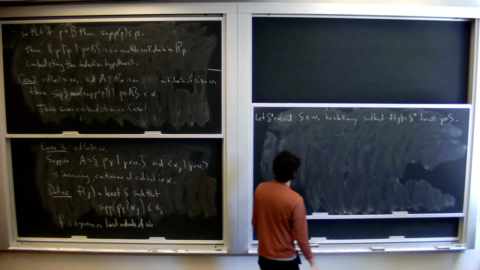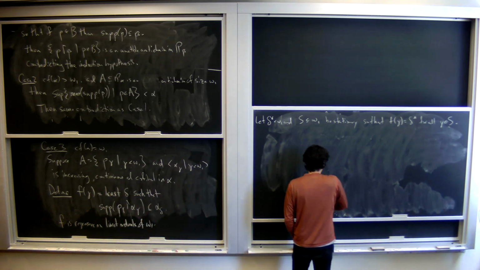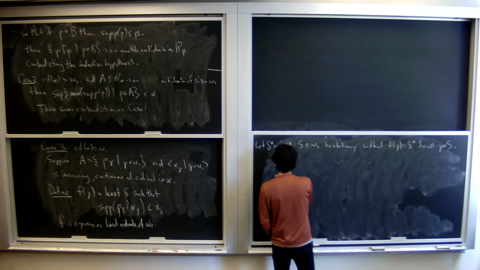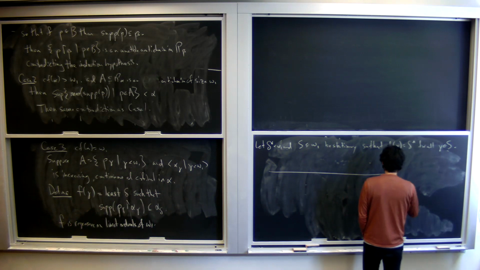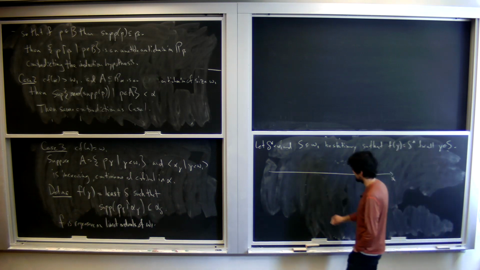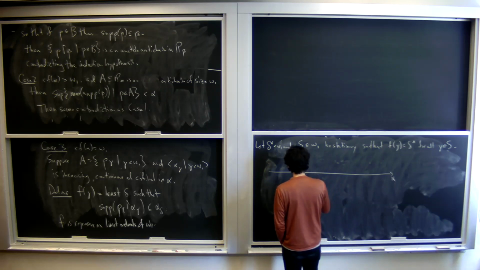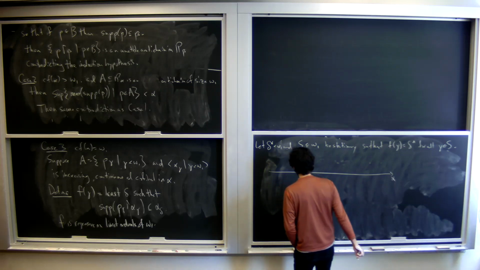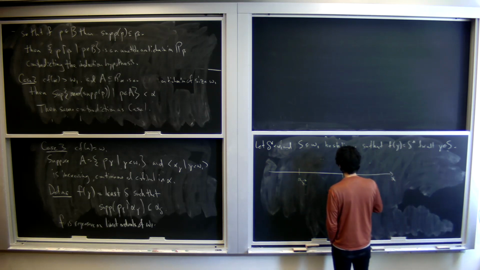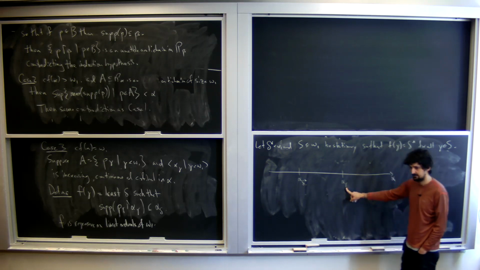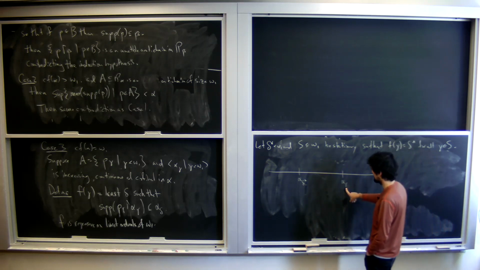All right, so maybe a picture is helpful. So here's a picture. I guess this is really a picture of alpha. And down here is alpha delta star. And here's some alpha gamma, where gamma is in S. So where is the support of P gamma?